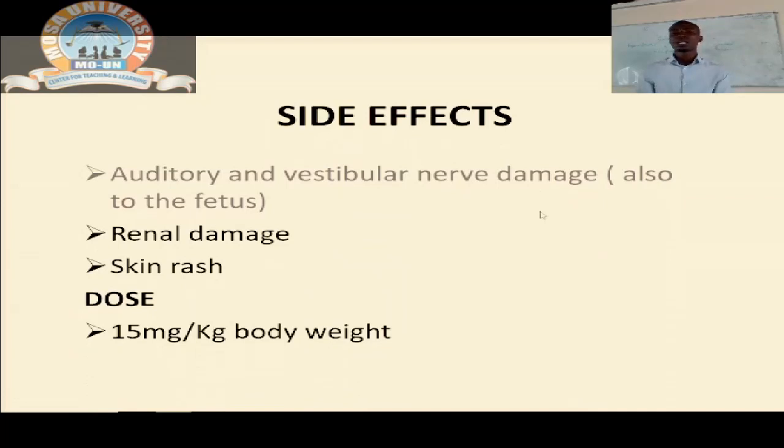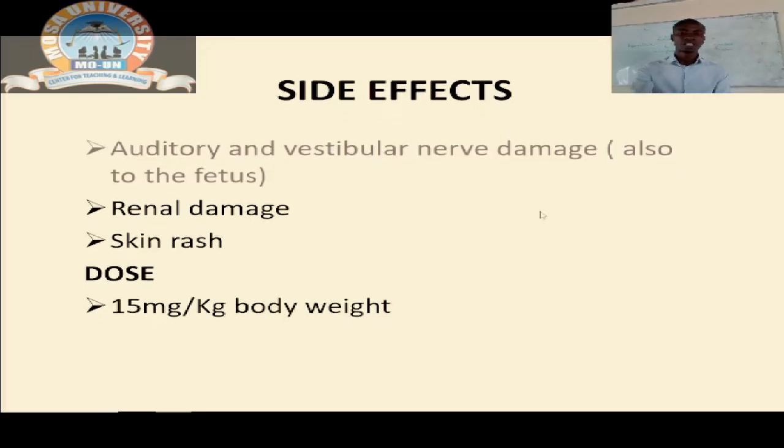So this drug affects the auditory and the vestibular nerve. It can damage the auditory and vestibular nerves, and also cause renal damage and skin rash. The dose of streptomycin is 15 milligrams per kg body weight.